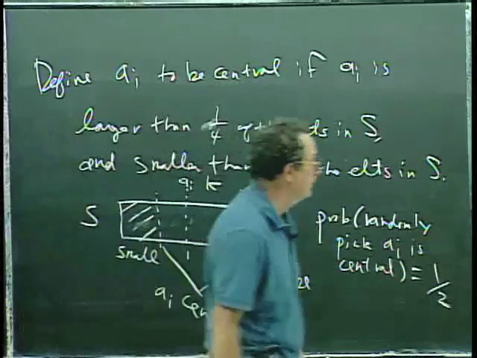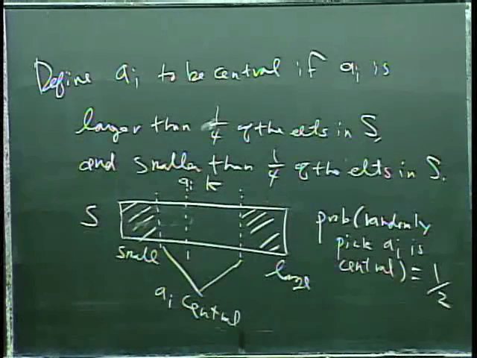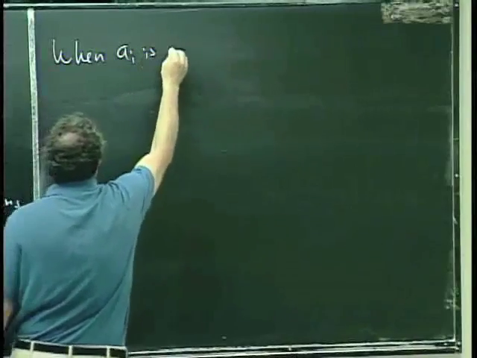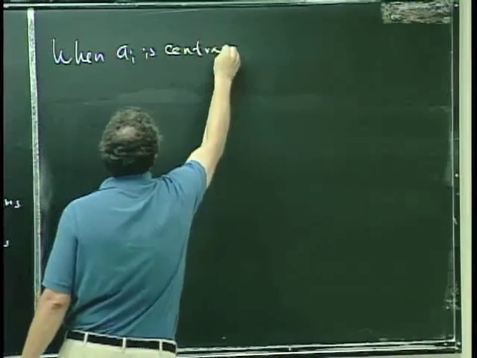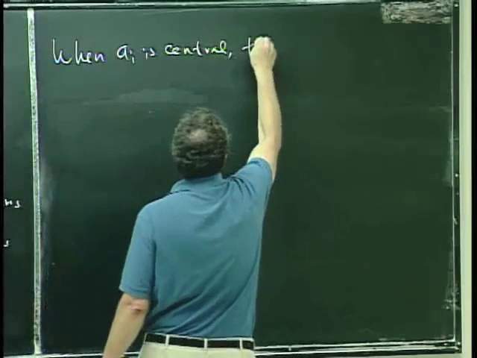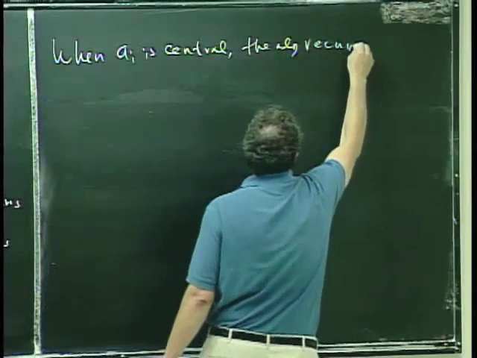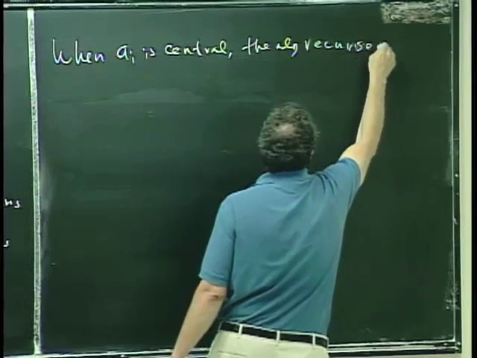So let me write that down. When AI is central, the algorithm recurses, well, if it recurses, it either finishes right there.